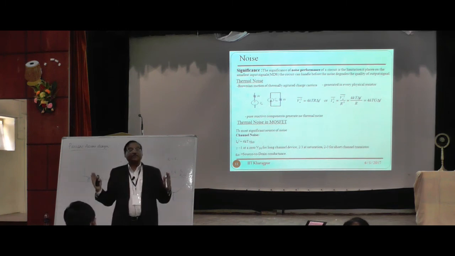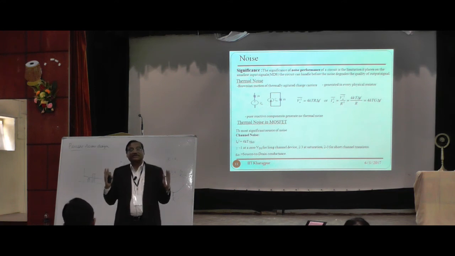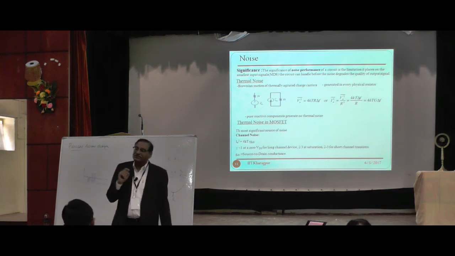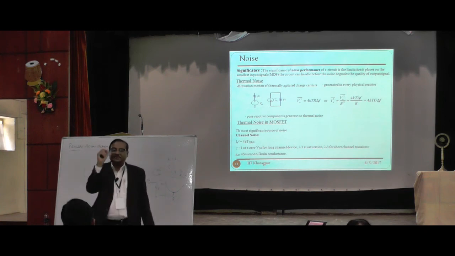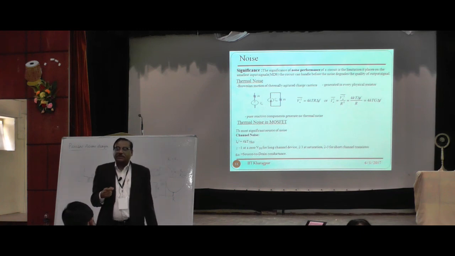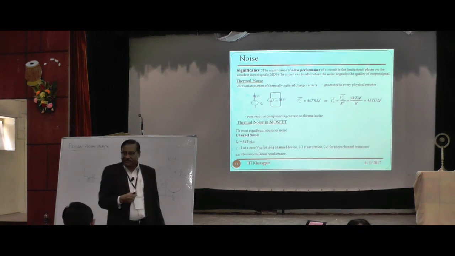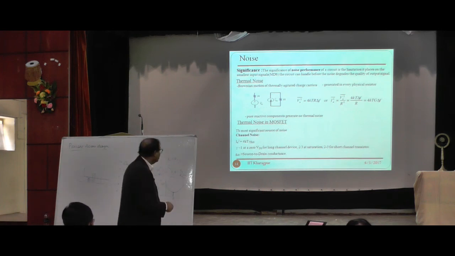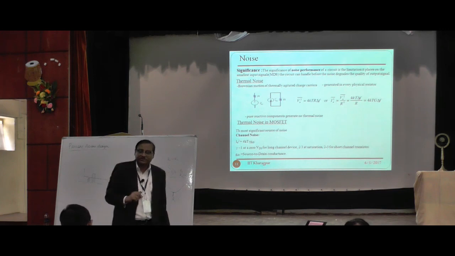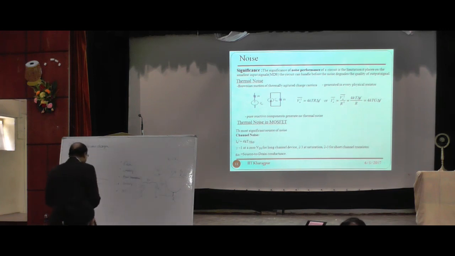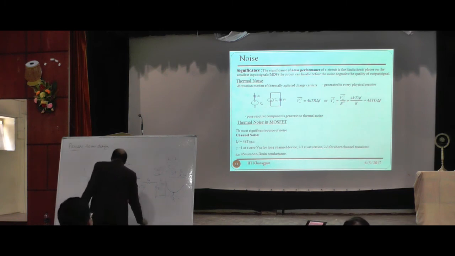But actually in the definition, it is 4kTR delta F. Now the same Vn bar squared, when it is in series with the resistance, is reflected to a current source: In squared equals 4kT divided by R, that is, 4kT G delta F, where G is the conductance. That is for a pure resistance. But look at the transistors, how this can be explained or modeled in the case of a transistor.